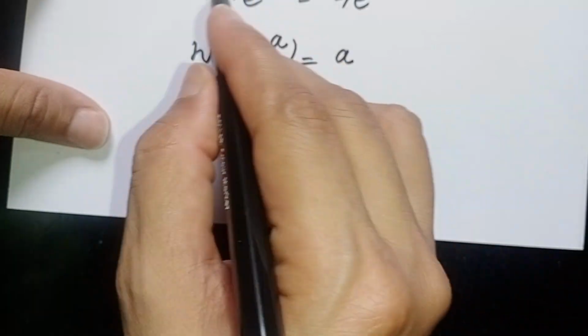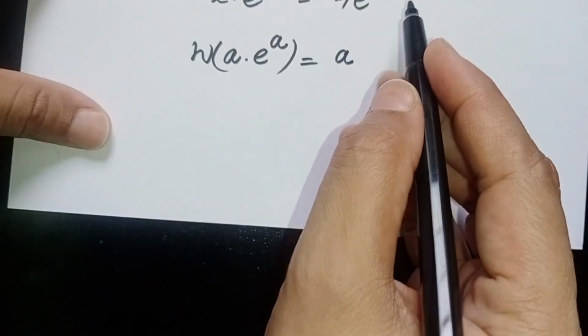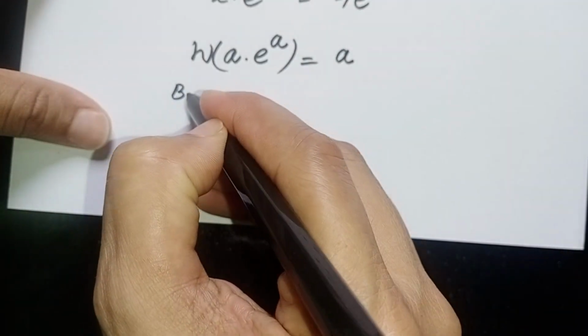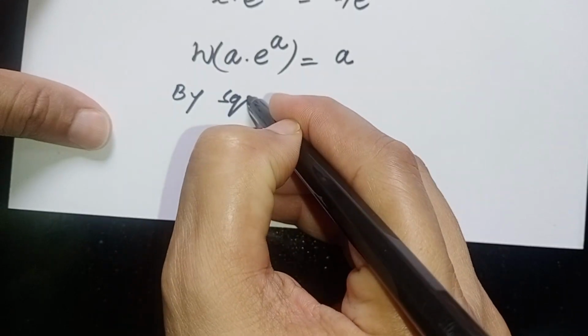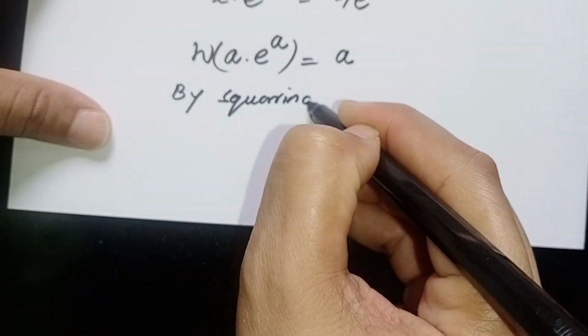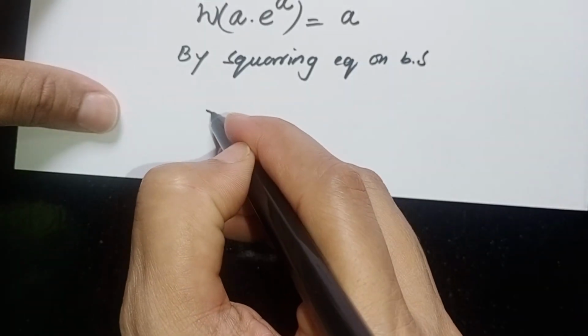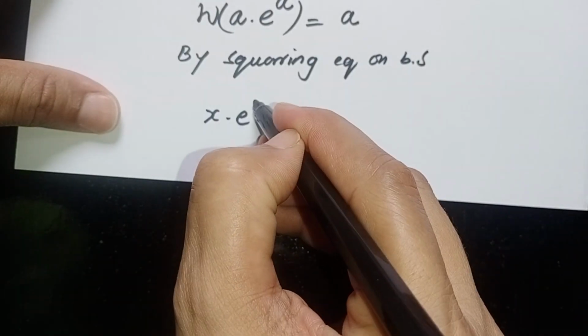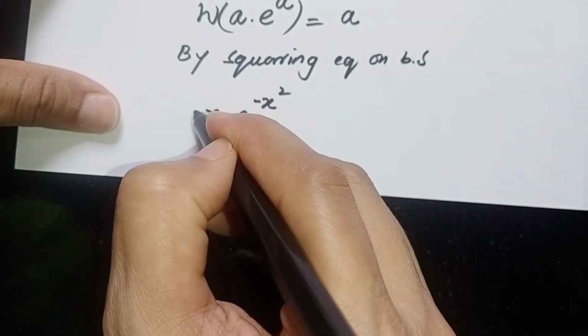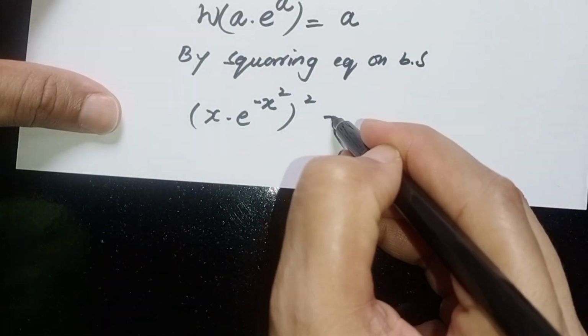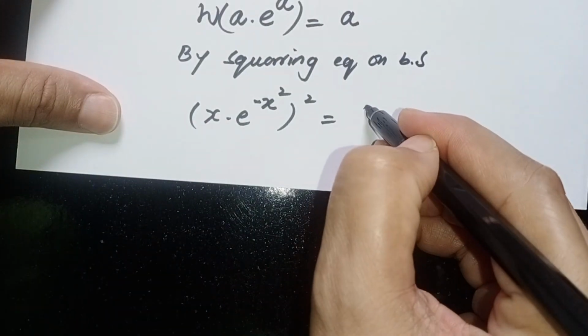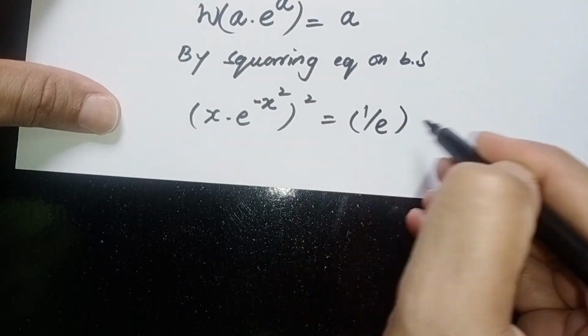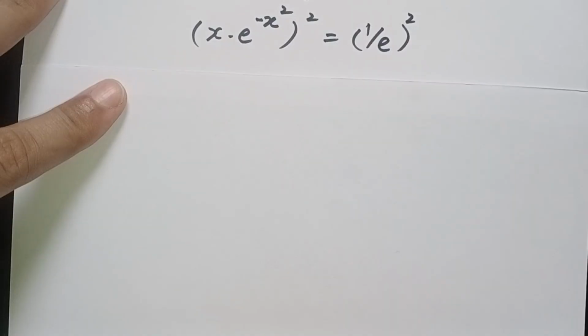In order to create the same form, we will square both sides. When we square, we write (x e^(−x²)) whole squared is equal to (1 over e) whole squared.